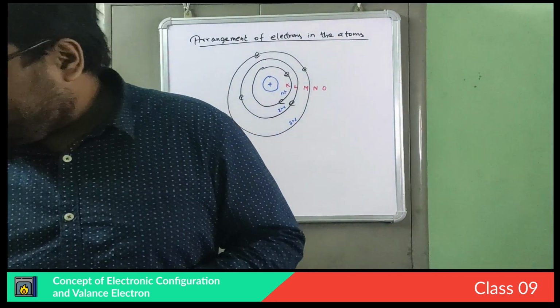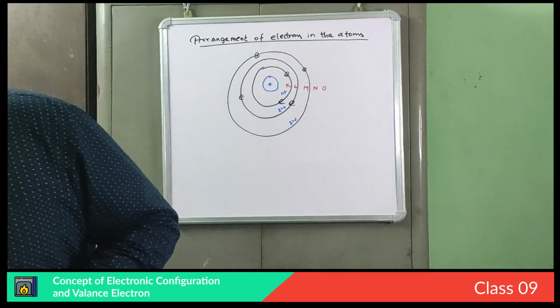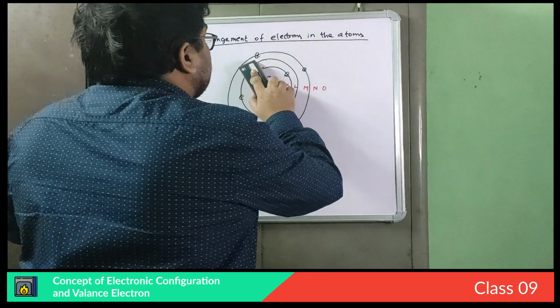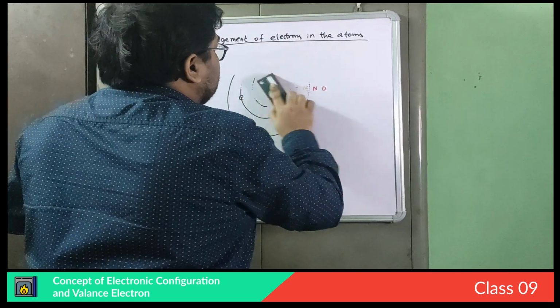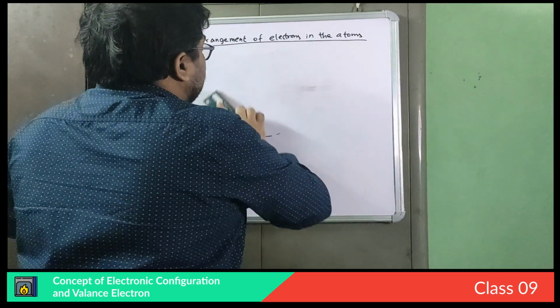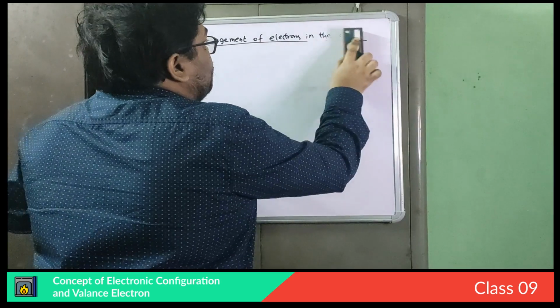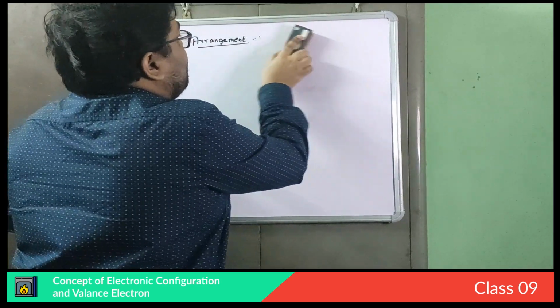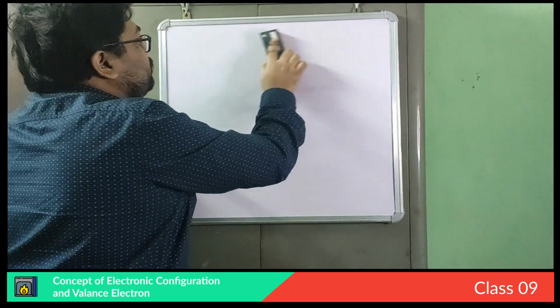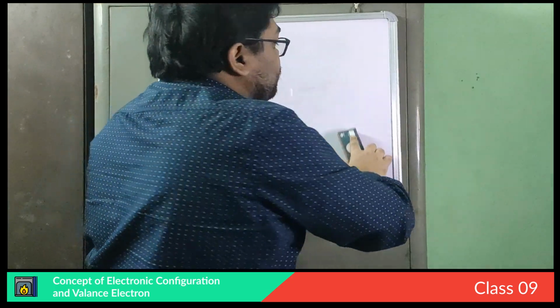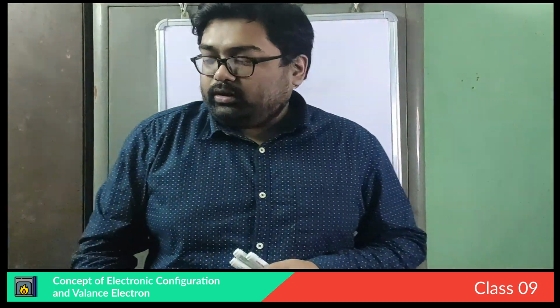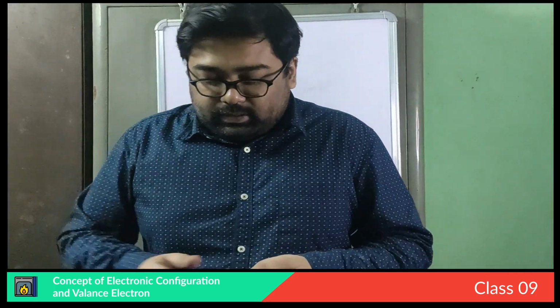Now there are some limitations as to how many electrons a particular shell can accommodate, right? So there is a rule called Bohr-Bury rule. Now, what does this Bohr-Bury rule suggest?